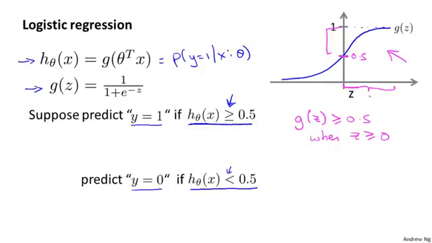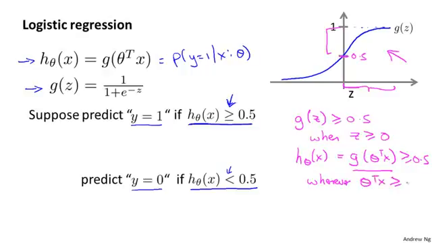And so when z is positive, g of z, the sigmoid function, is greater than or equal to 0.5. Since the hypothesis for logistic regression is h of x equals g of theta transpose x, this is therefore going to be greater than or equal to 0.5 whenever theta transpose x is greater than or equal to 0. So what we've shown, because here theta transpose x takes the role of z, is that our hypothesis is going to predict y equals 1 whenever theta transpose x is greater than or equal to 0.